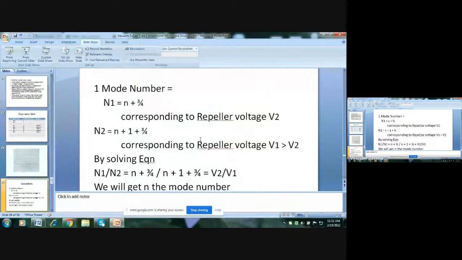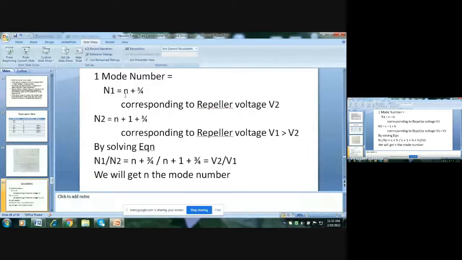Now we can calculate mode number. Suppose the first maxima is at V1 voltage, and the second maxima is at V2 voltage. Then by using this formula, (n plus 3 by 4) upon (n plus 1 plus 3 by 4) is equal to V2 upon V1, where n is any number.